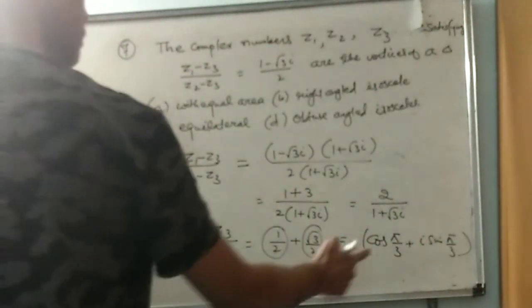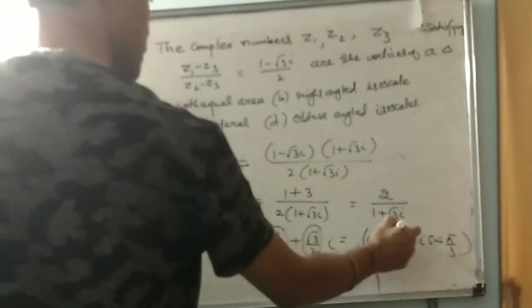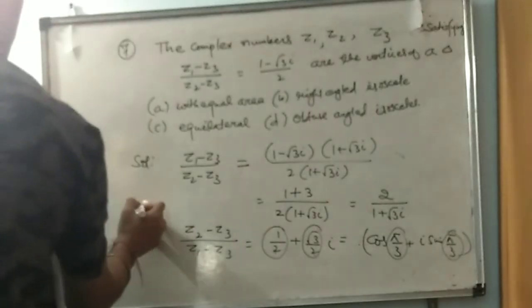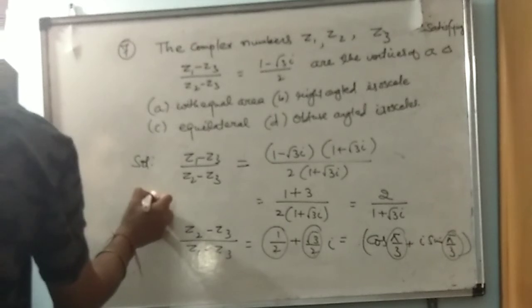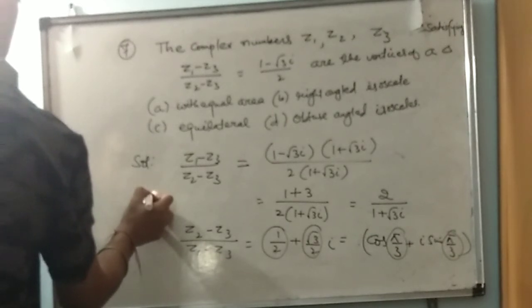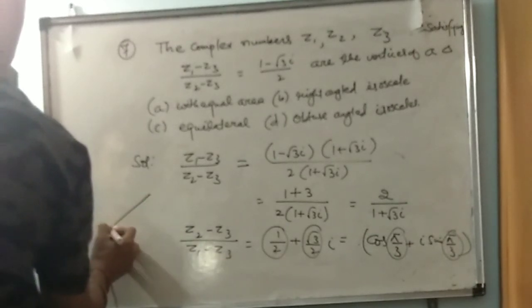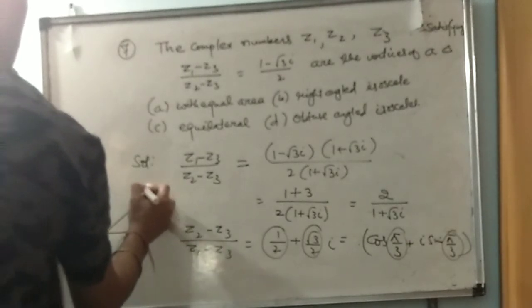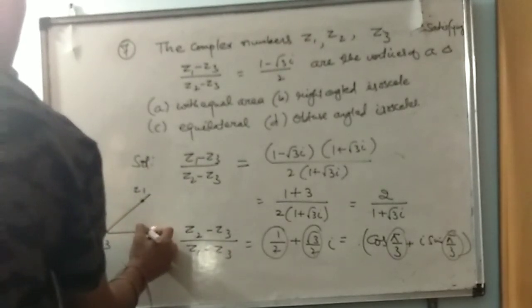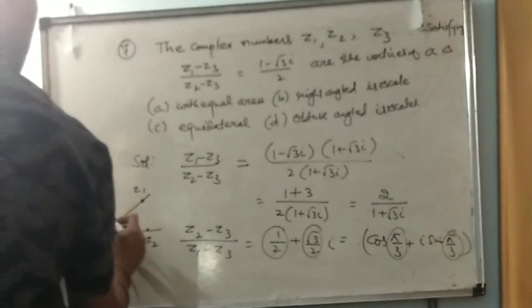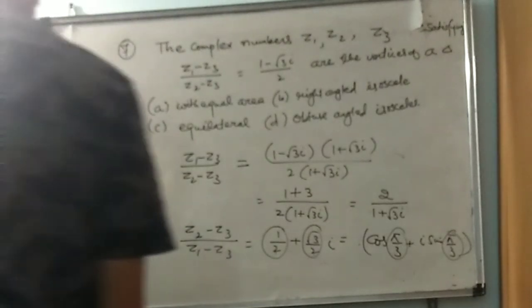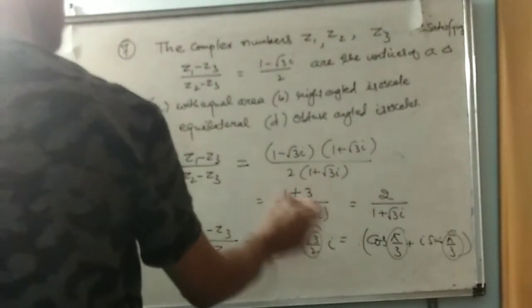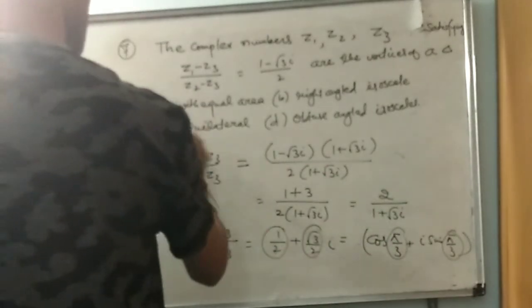Now we can see that the angle is 60 degree, and this is the situation basically Z2 minus Z3 upon Z1 minus Z3. All complex numbers are points. This one is coming 60 degree. Similarly, others will also come 60 degree. So all are 60 degree in a triangle.